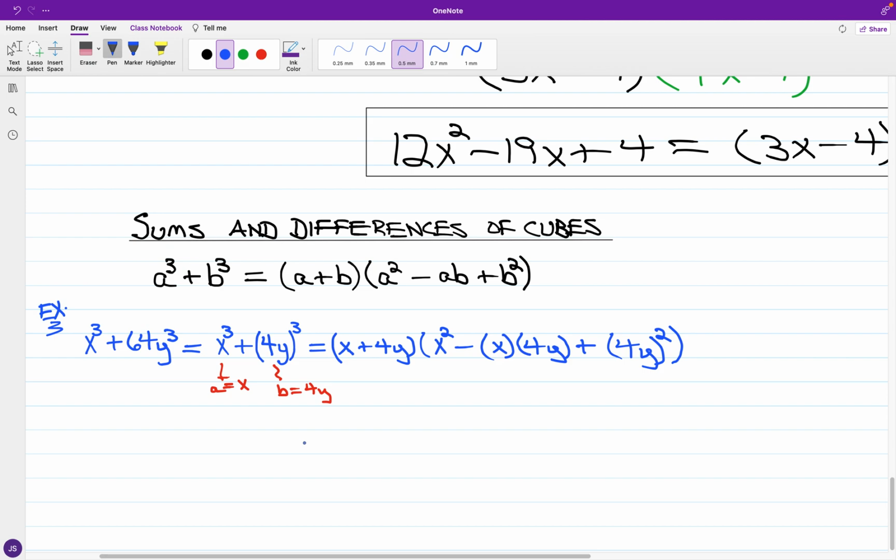For the follow through, we have x plus 4y, and for the resulting trinomial, we got x squared, minus x times 4y.